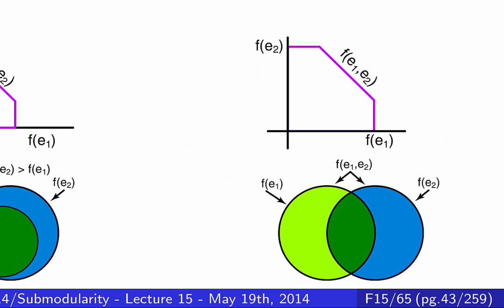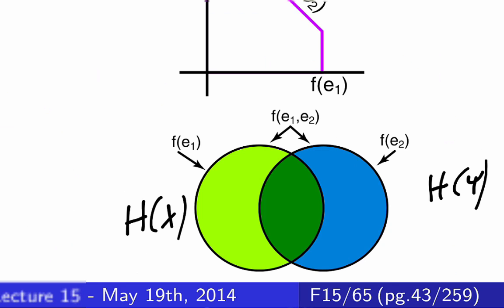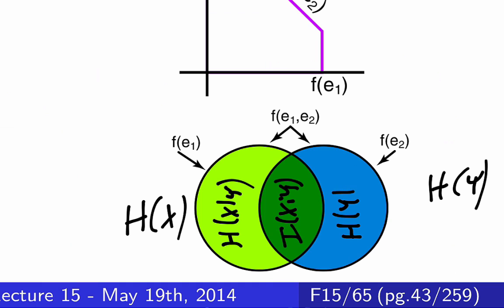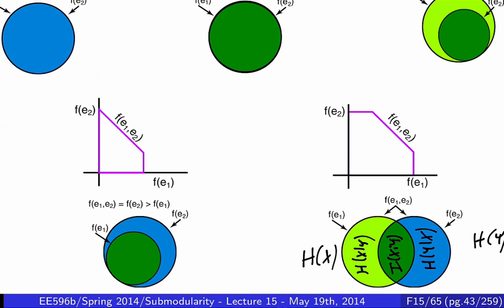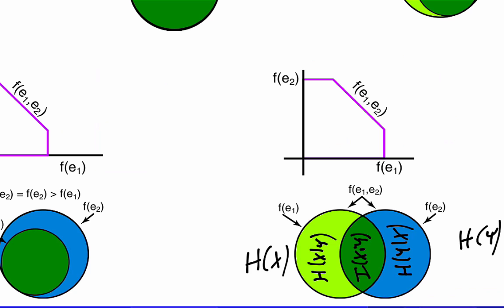Oftentimes in information theory, you have pictures that say, this is the entropy of x, and this is the entropy of y, and the entropy of x and y is everything, and the middle one is the mutual information between x and y, and this is the entropy of x given y, and this is the entropy of y given x. You use Venn diagrams for that, right? And what I'm claiming is that this polytope up here shows you exactly the same thing.